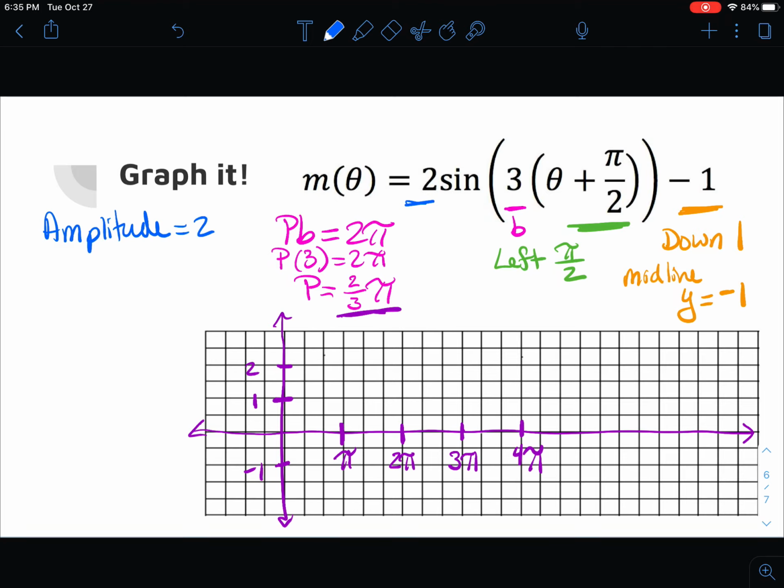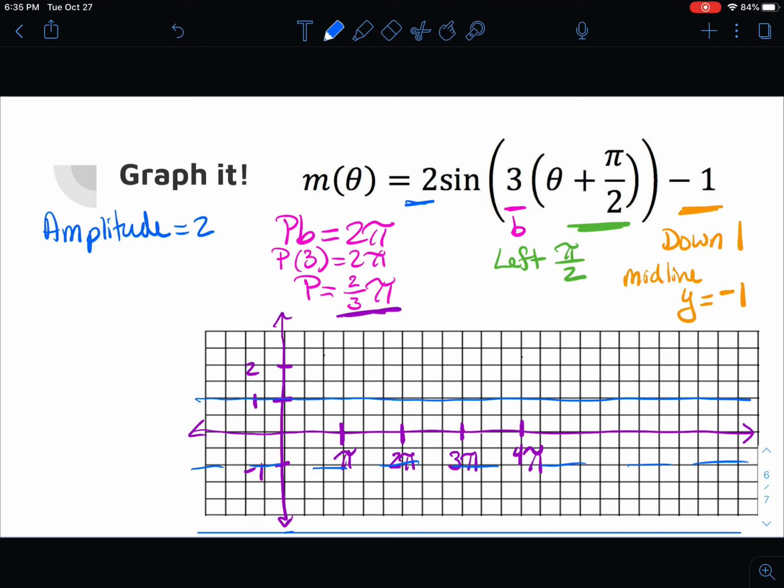So our midline is down here at -1. Okay, and we're going to go total up 2. And see, already now I'm regretting my axes, but that's okay. We're just going to keep going with it. And down 2, which means I have to be here. This is why I'm a little annoyed, but it is okay. Can I make it be straight? Woohoo, there we go. Okay, that's not so bad.